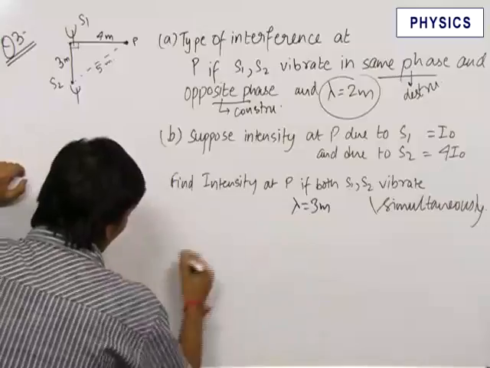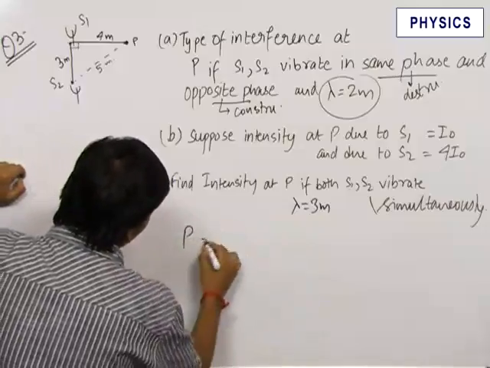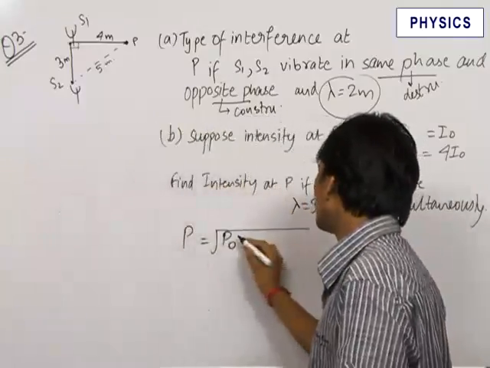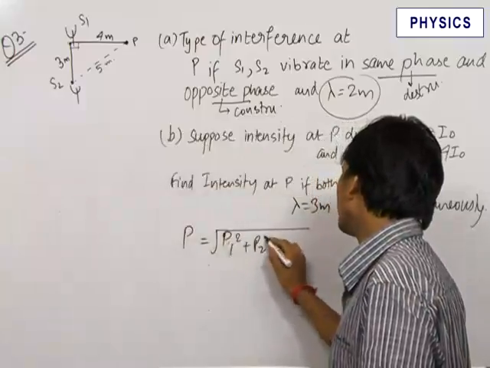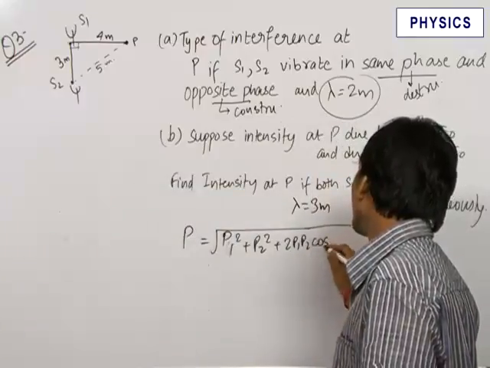So, we know that for interference we have a formula for pressure. This is equal to P naught, the pressure amplitude, that is, root over P1 square plus P2 square plus 2 P1 P2 cos of delta phi.